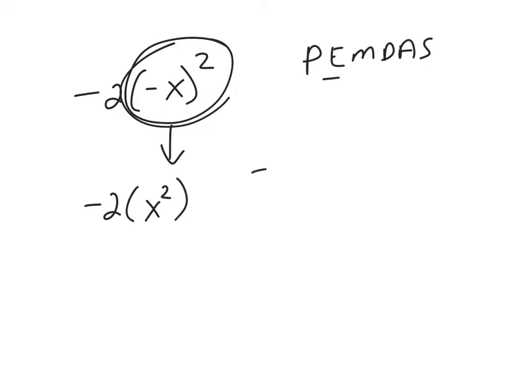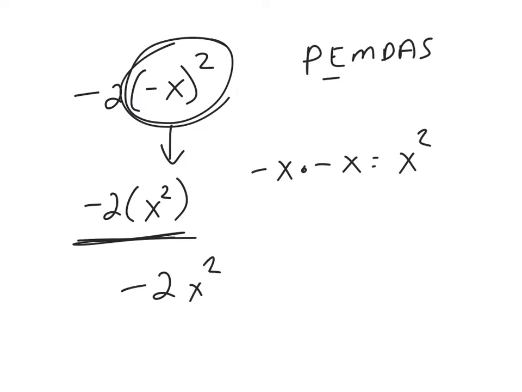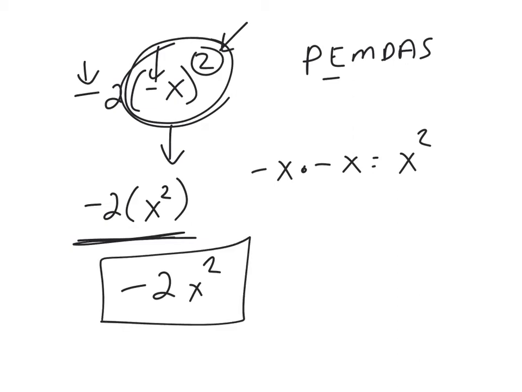Because negative x times negative x would be positive x squared. So now this is going to be a negative 2x squared, isn't it? Because even though it looks like there's two negatives here, there's actually three because this guy has two of them, doesn't he? That 2 right there makes it have 3 of them. So my answer ends up being negative. Okay, so basically you're counting negatives. If you have an odd number or even number, it tells you your answer.